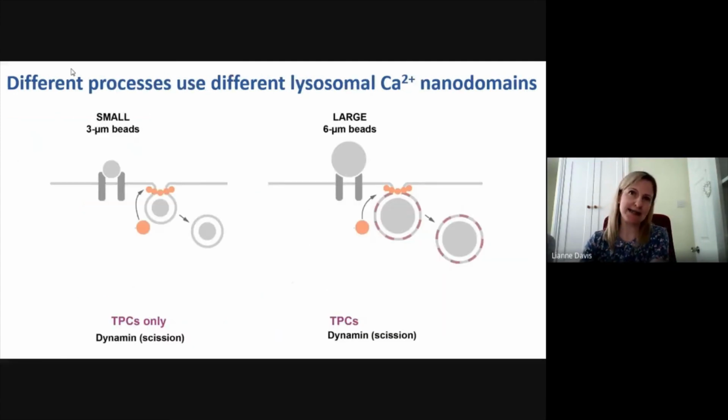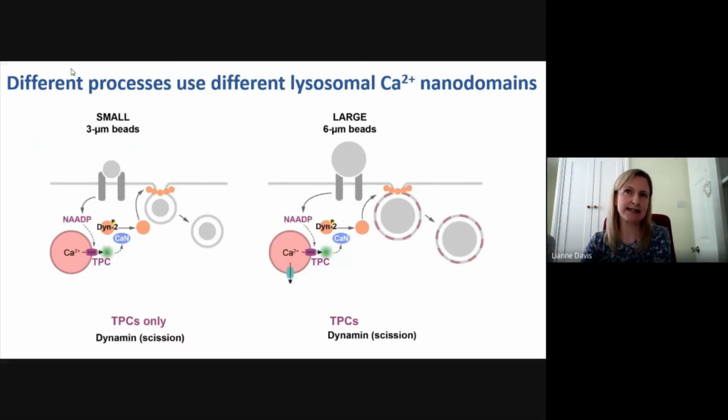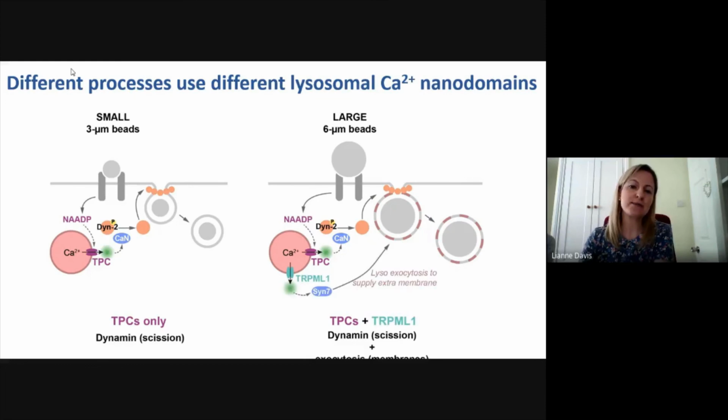So expanding this scheme, dynamin is universally needed by particles of all sizes to internalize the phagosome, and TPCs drive this pathway. But only when emergency membrane supplies are required will lysosomes exocytose and fuse with the plasma membrane. Therefore, the TRPML1 pathway is only activated and required for these bigger particles. This is why bigger particles exhibit a dual dependency on different lysosomal channel families.